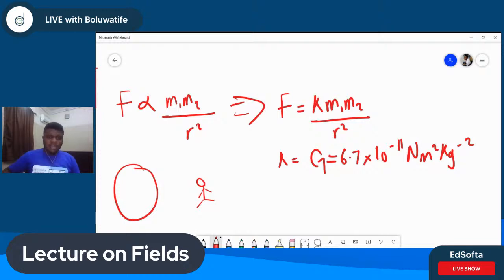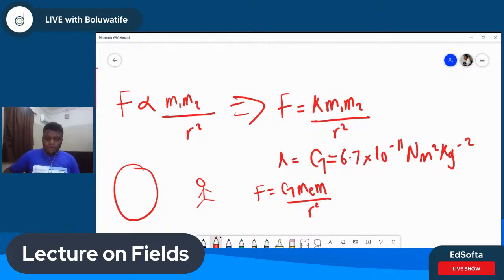So I can write that the force between me and the earth is the gravitational constant, times the mass of the earth times my own mass, all over the distance between me and the earth.